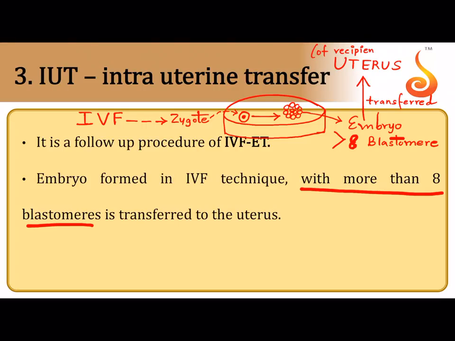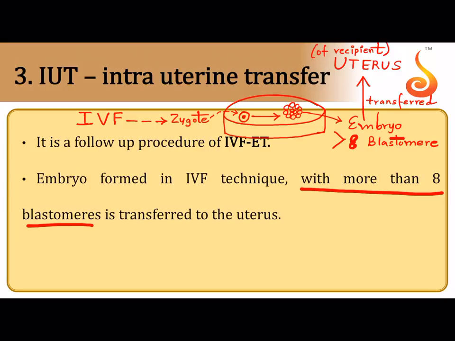Either the same woman from whom the egg was obtained or a recipient woman. A recipient woman is somebody who wants to become a parent. She herself cannot produce an egg, but she wants to bear the child. So this is what is referred to as intrauterine transfer.